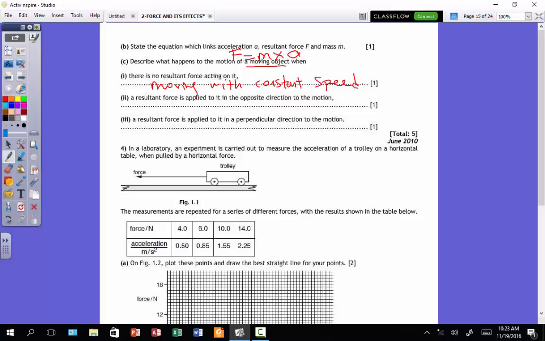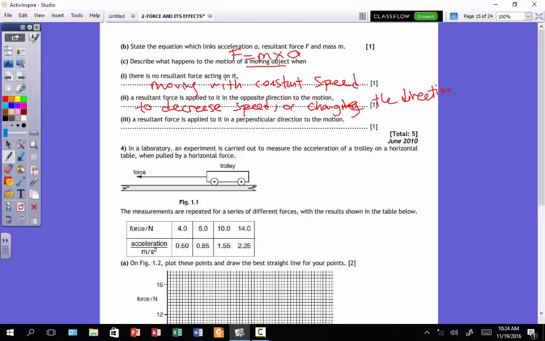A resultant force is applied to it in the opposite direction to the motion. What can we say in this case? If the resultant force is opposite to the motion, it decreases the speed, or can change the direction.